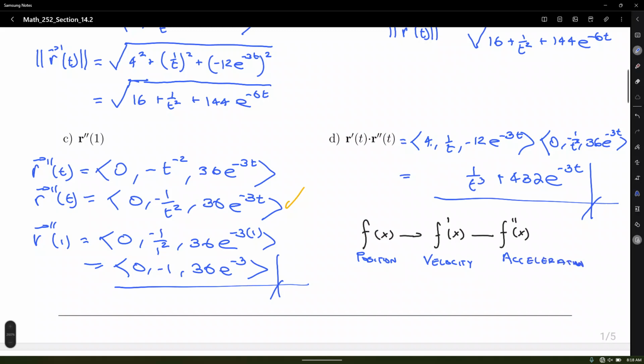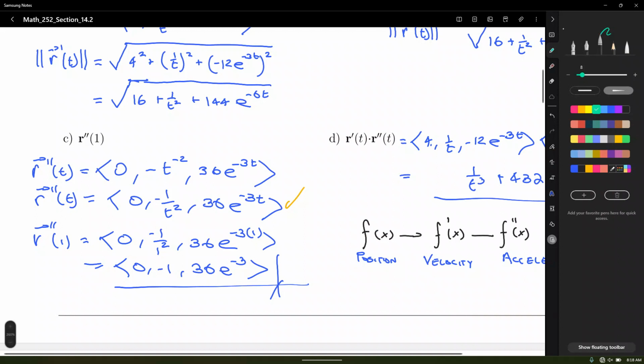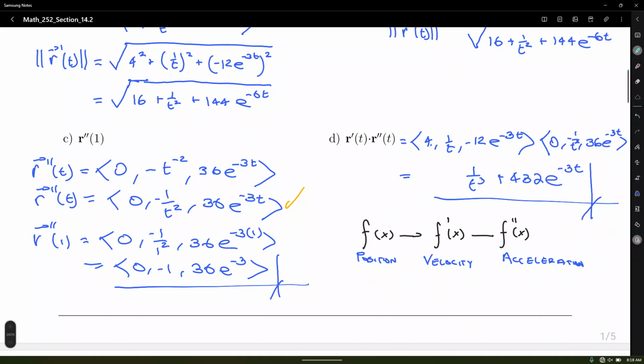So in a similar way, what about r of t? That's the position vector. That's where a particle is on the curve. Could be a line, could be a spiral, whatever that is. Then go from r of t to r prime of t.